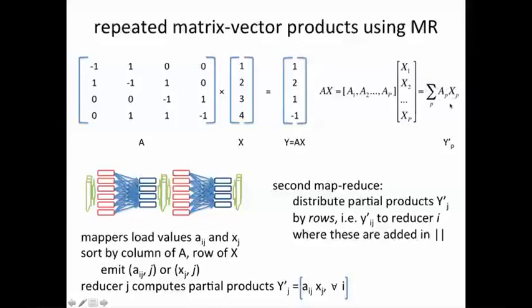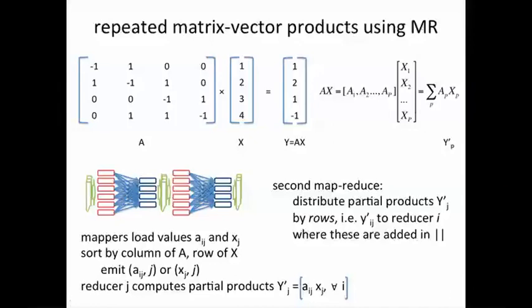The partial products are exactly what reducer P computes. The processor P computes this partial product in the first phase of MapReduce, and in the second phase they all get added up.